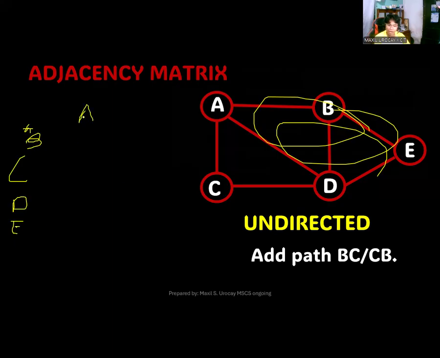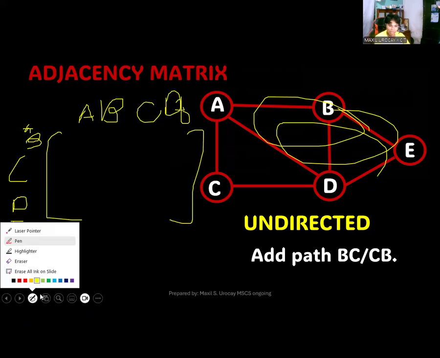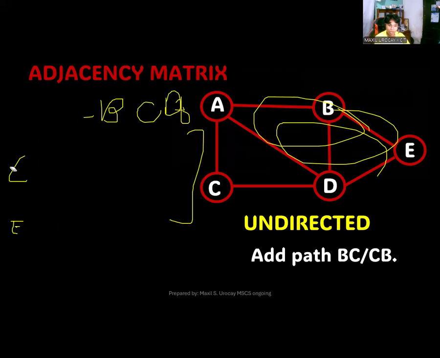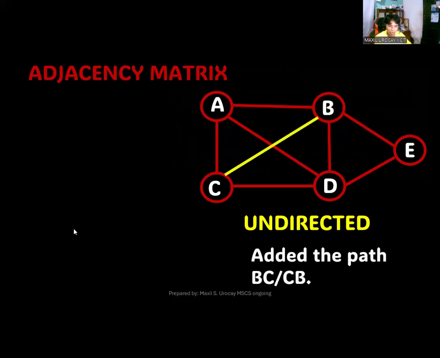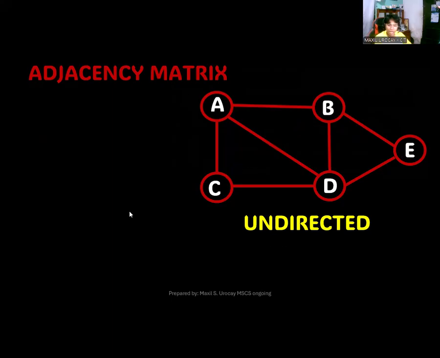If you can remember, you will compare each of your vertices to the I and J. Since I explained how to do it in the last video, I will not do it here. Just refer to the last video that I've created. Now, this will be the result of your matrix.